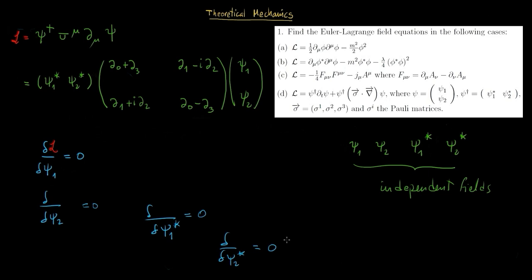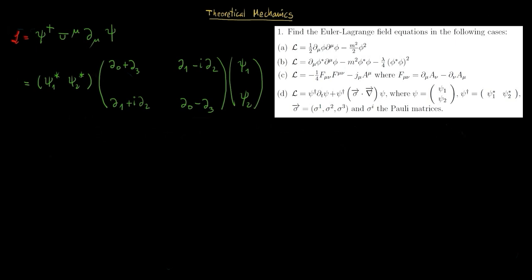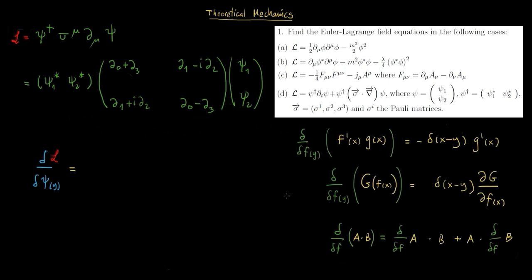Let's think if there exists some simple, intuitive way to do this calculation. Let's imagine that this makes sense: the functional derivative with respect to psi dagger. Remember, psi is like a vector. In fact, it's a spinor, but in this context it doesn't matter.